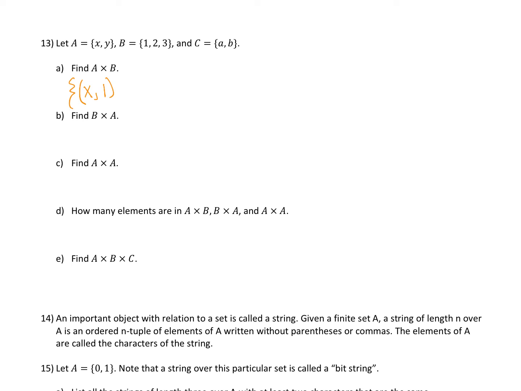And I want to list all possible pairs like this, so I could have (x,1), (x,2), (x,3). All right, so that's all the ways I can pair x, the first element of A, with every element of B. And then I'm going to move on and look at the second element of A, which is y, and I want to pair that with every element of B.